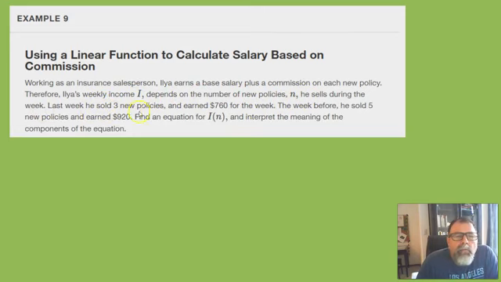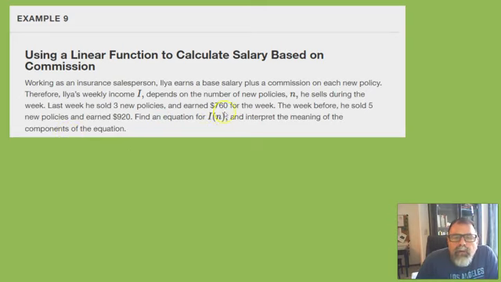Last week he sold 3 new policies and earned $760 for the week. The week before he sold 5 new policies and earned $920. Find an equation I of n and interpret the meaning of the components of the equation.